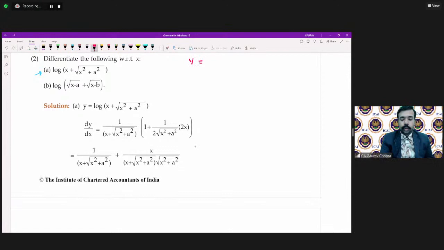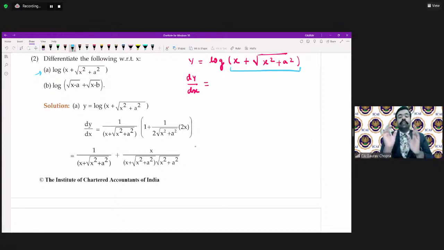y is equal to log of x plus root of x square plus a square. This is the question. So we are taking dy by dx. First of all, you have to think of this bracket as one whole thing, and we just have log of it. So the derivative of log is 1 by that thing.